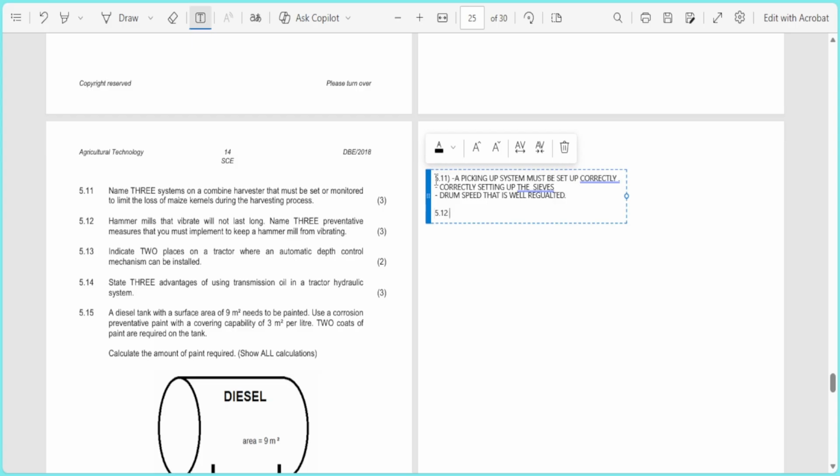Okay, so the hammer wheels, the hammer mills, they spin at incredibly high speeds, thus creating an imbalance, right? And this will eventually cause these vibrations.